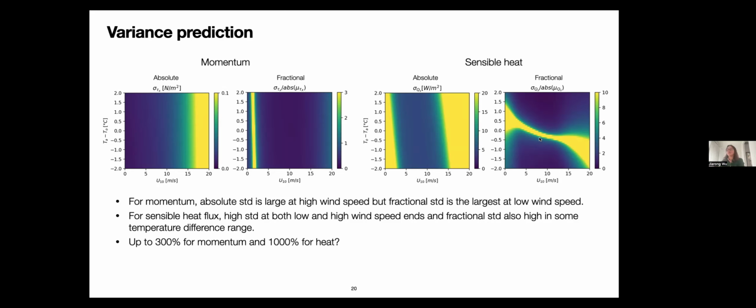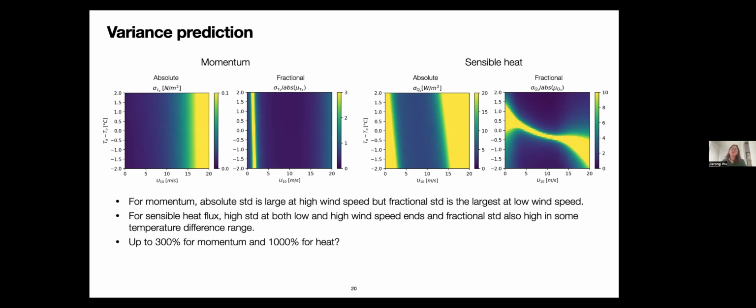This is again the problem that you're dividing, so your denominator, which is the flux itself, is diminishing at these small temperature difference ranges. But the other thing is I'm seeing almost up to 300% standard deviation for momentum in some areas, and also 1,000% for sensible heat flux.